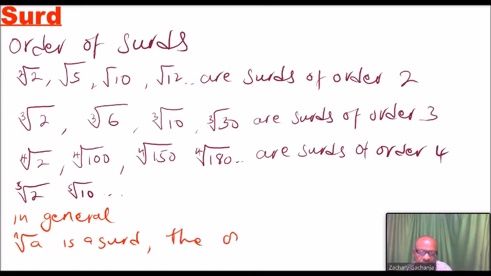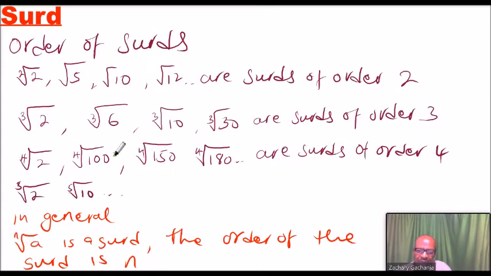This is the number that I'm talking about, n here. It is the order of the surd.